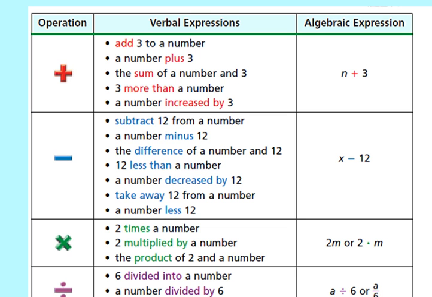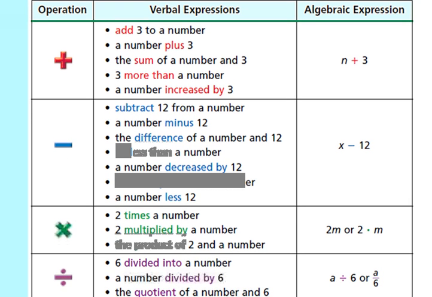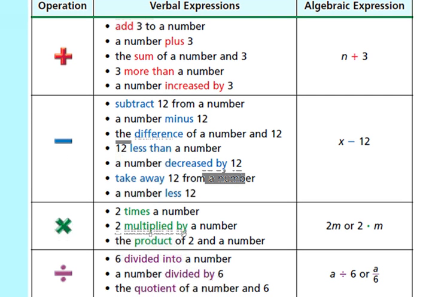Okay, it's the slide. Operation for addition. Additional words that we could use are add, plus, sum, more than, or increase by. Notice how all five of those phrases make the same algebraic expression, n plus 3. So we can come up with a whole bunch of verbal expressions that mean the same thing.